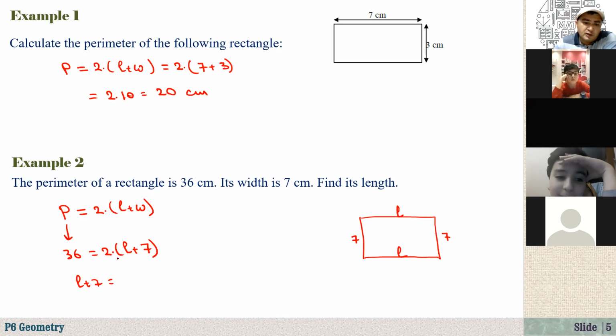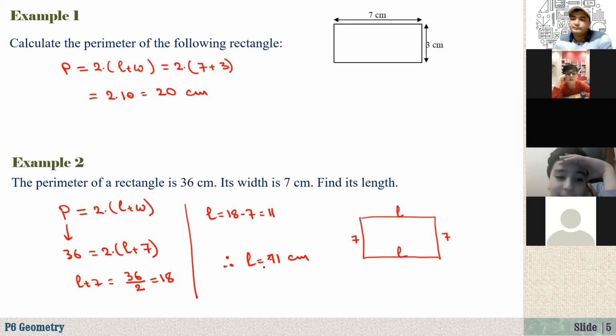If it is multiplied, we take the other side by division, right? So 36 divided by 2 is equal to 18. Now L plus 7 equals 18. From here, L equals 18 minus 7, which is equal to 11. The length of this rectangle is 11 centimeters.